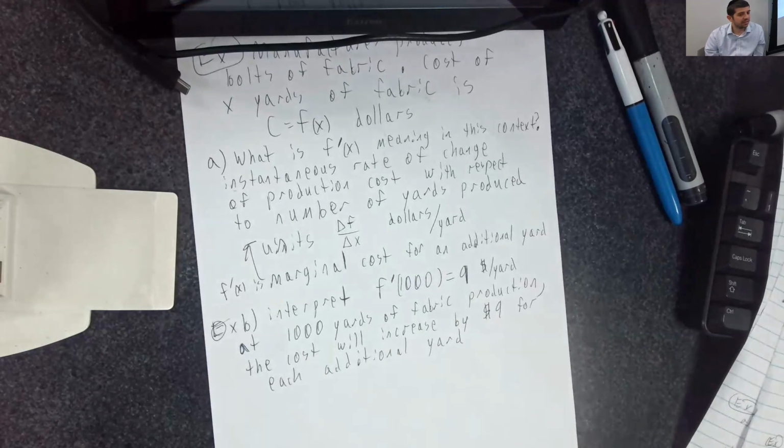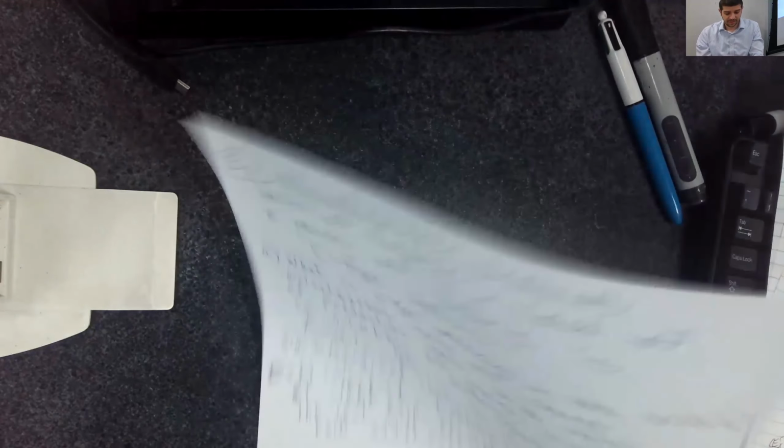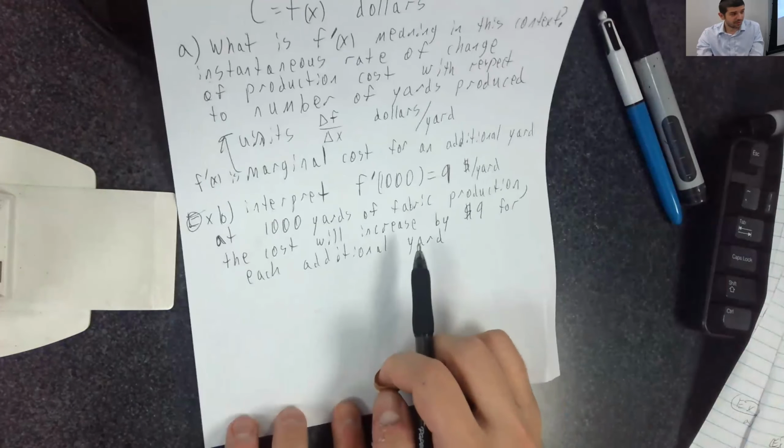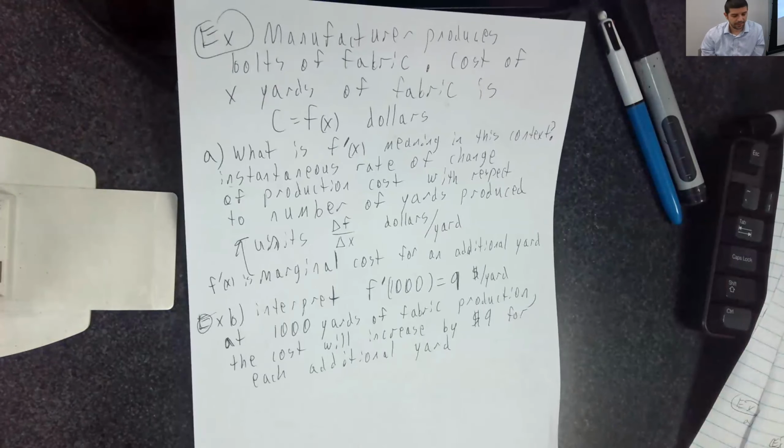Any questions on that? So that's what it's telling us, derivative as a, oh, Layla? So I don't think I understand. So at 1,000 yards, does it mean it costs $9 per yard to produce at 1,000 yards?